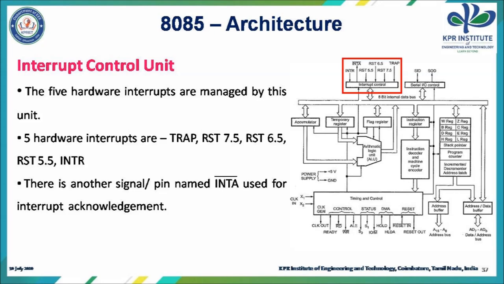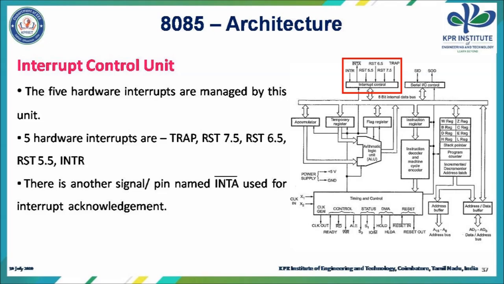The next one is the interrupt control unit of 8085 processor. This interrupt control unit is used to manage the hardware interrupts of 8085. As we already know, there are 5 hardware interrupts in 8085, namely TRAP, RST 7.5, RST 6.5, RST 5.5 and INTR.